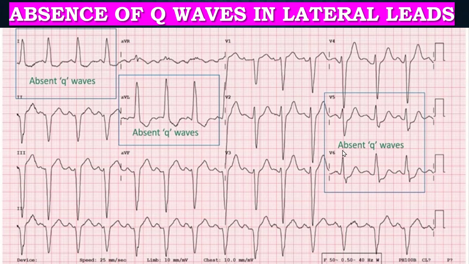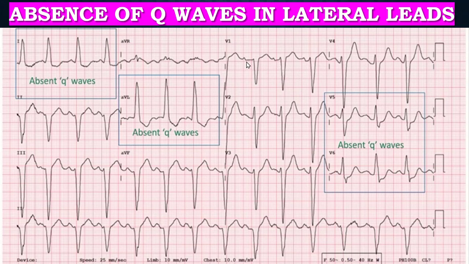And in V1, absence of Q wave. Here this is V1, so the P wave is followed by the Q wave. There is no Q wave, but this is the R wave.